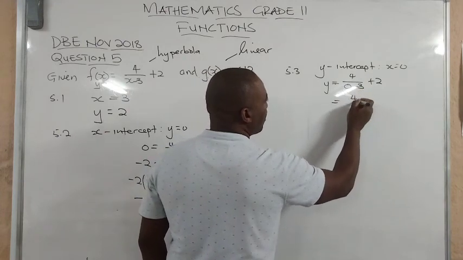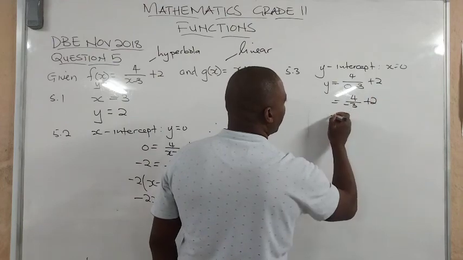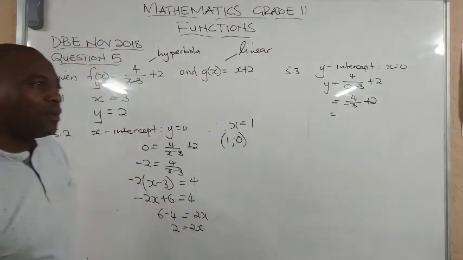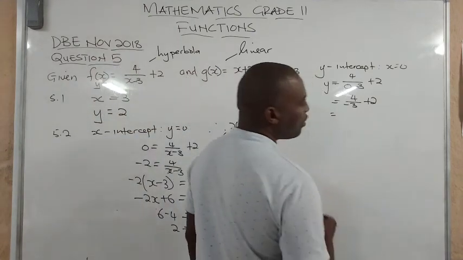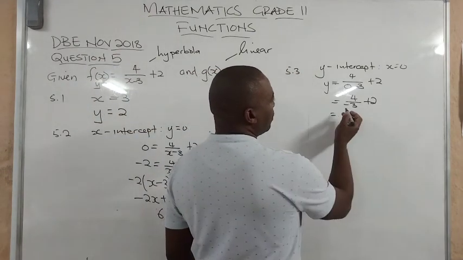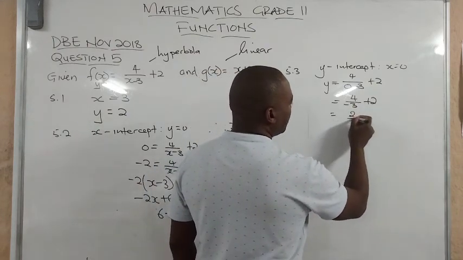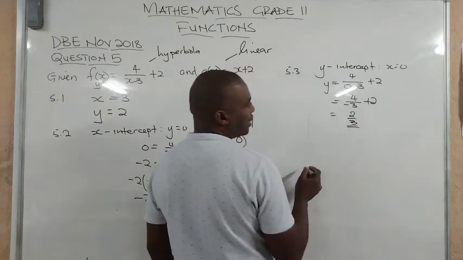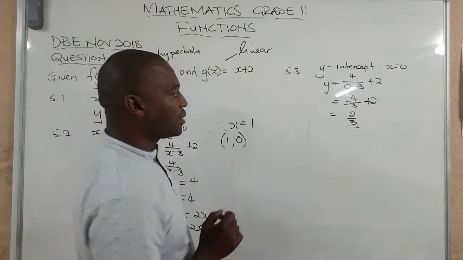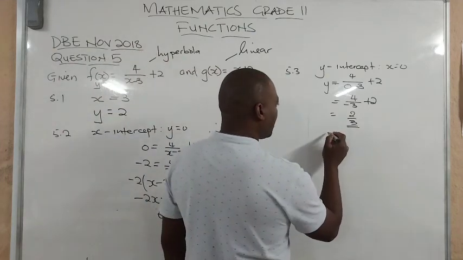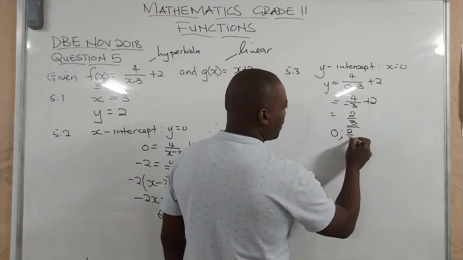That is 4 over negative 3 plus 2. You can use your calculator to simplify, or you can use the method of addition of fractions. So we'll get negative 4 plus 6, which will give us 2 over 3. So basically we are saying the graph is going to cut the y-axis at point (0, 2 over 3).